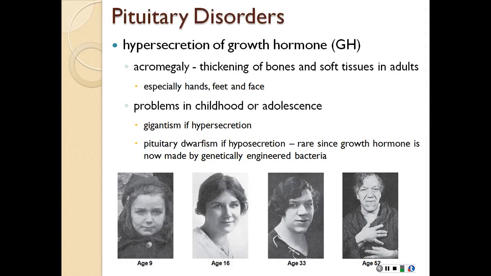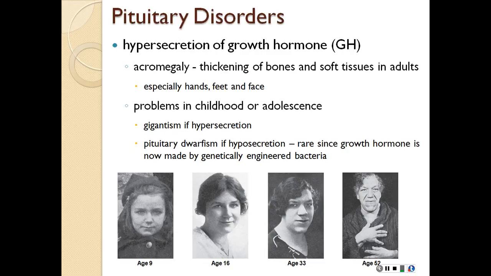So if you have hypersecretion of growth hormone, depending on whether you're still at an age where you're still growing or whether you're an adult, you're going to have some of these issues. So acromegaly is thickening of the bones and soft tissues in adults.